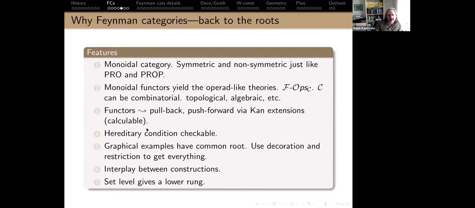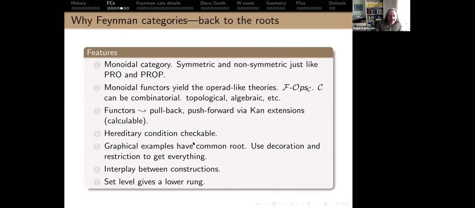And one of the main things, and that's what I'm doing with Clemens, is you can actually calculate these Kan extensions. So it's not just an empty theory, or what the homological algebra fan club calls abstract nonsense, but these Kan extensions, you can actually compute them. And the hereditary condition is very nice because it's checkable.